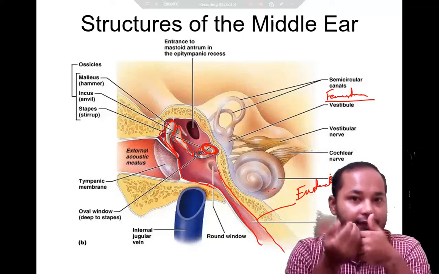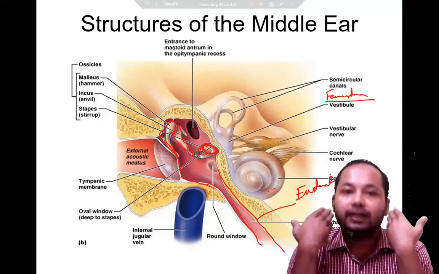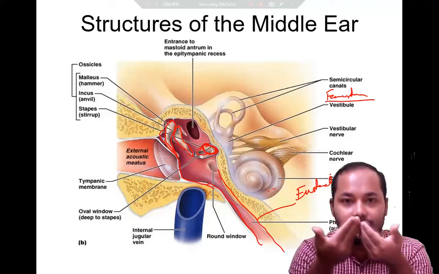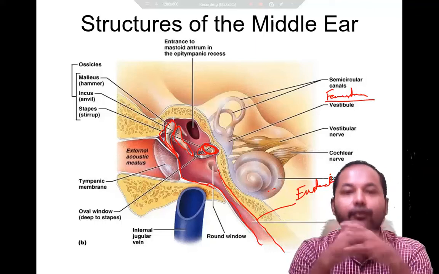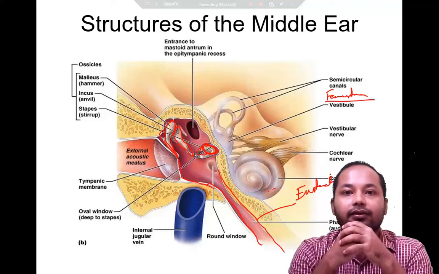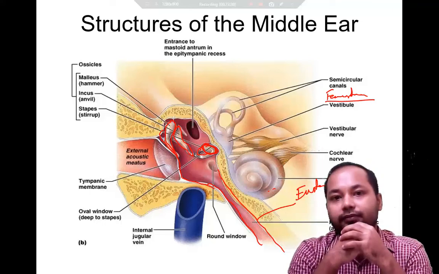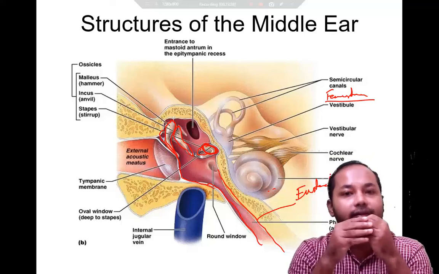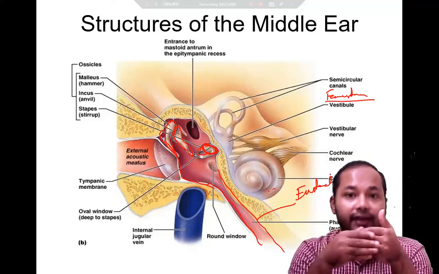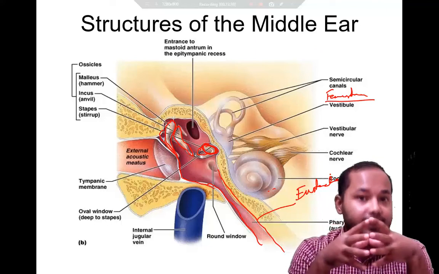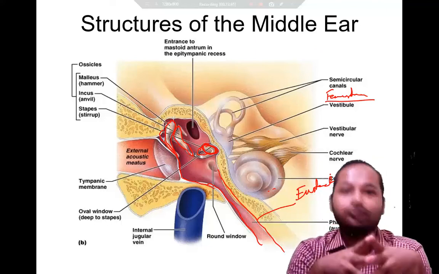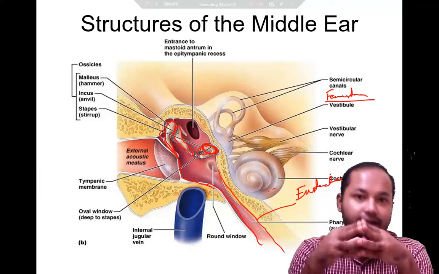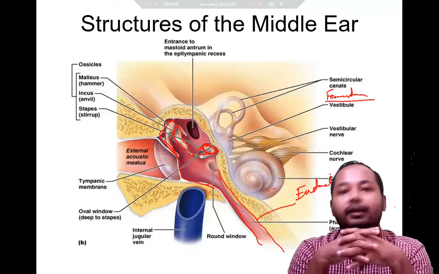By the help of the Valsalva maneuver, you try to blow air into the eustachian tube to make the tympanic membrane go free, so that the air pressure is equal. The pressure in the middle ear has to be equal to the atmospheric pressure.